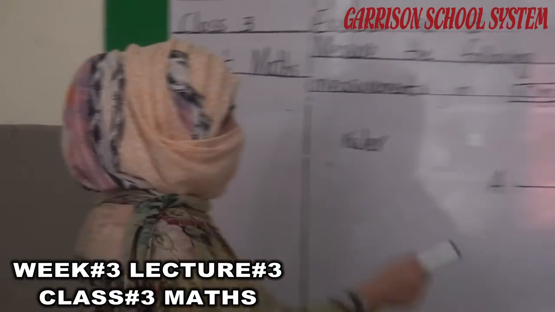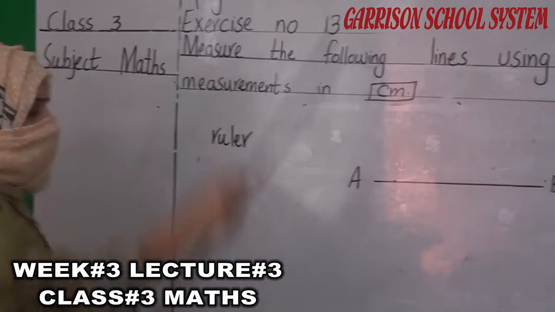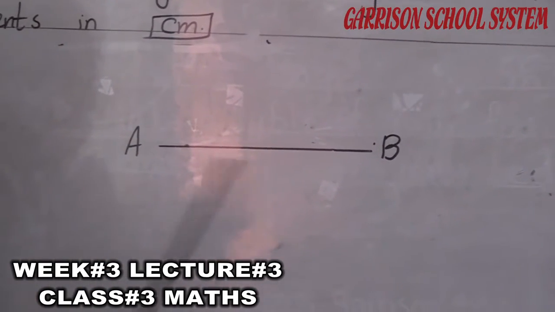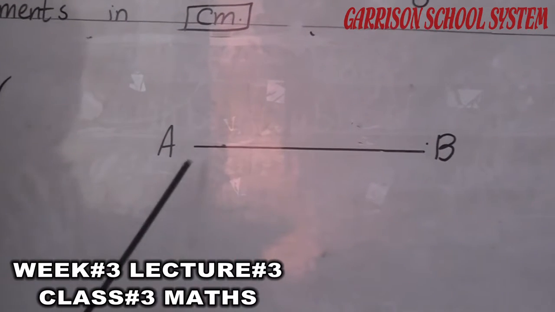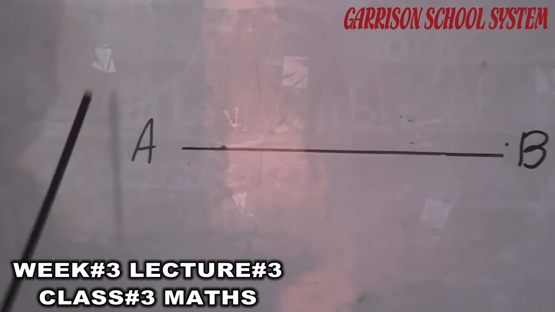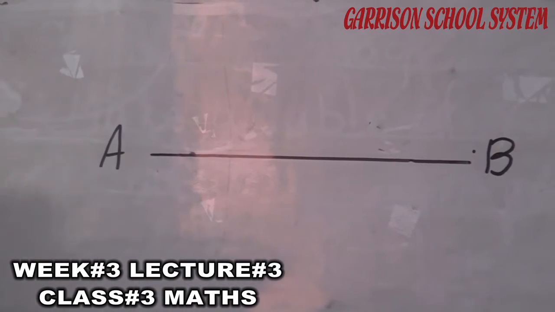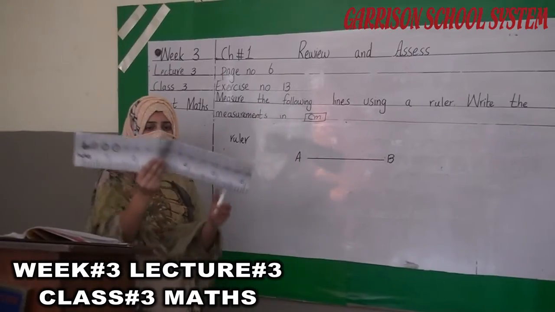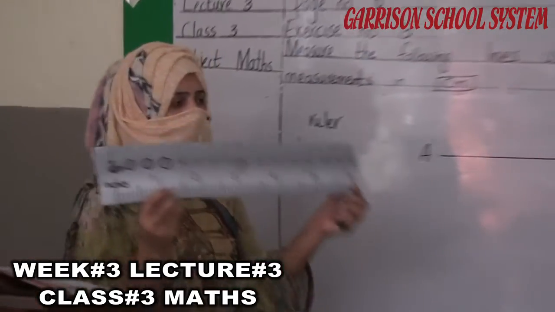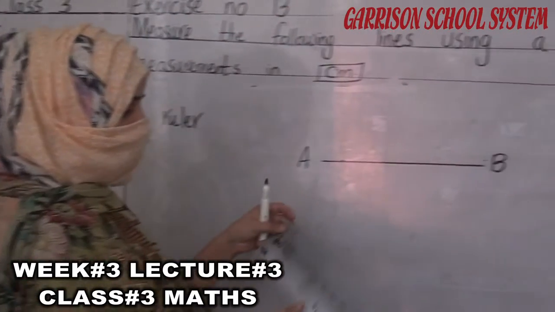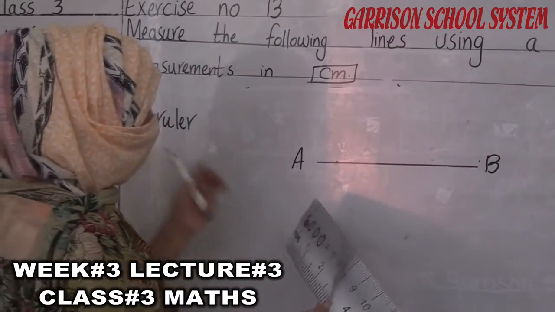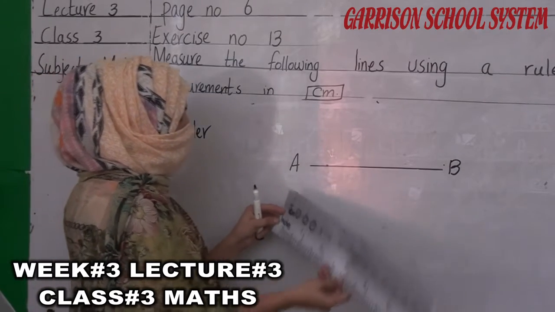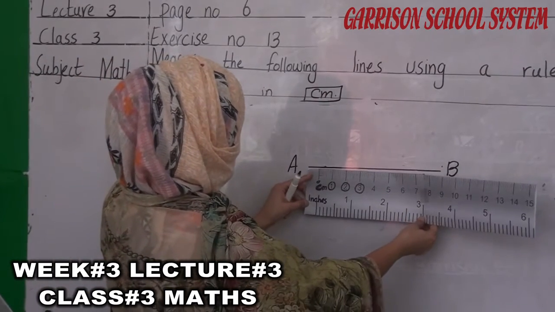Okay students, you can see a line here, line A and B, and we have to measure the length of this line in centimeters. First of all, we have to take a ruler like this. Now I will tell you how to measure this line by using this ruler.